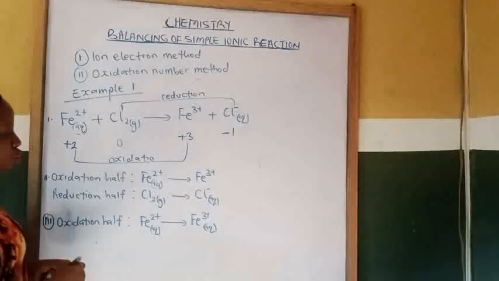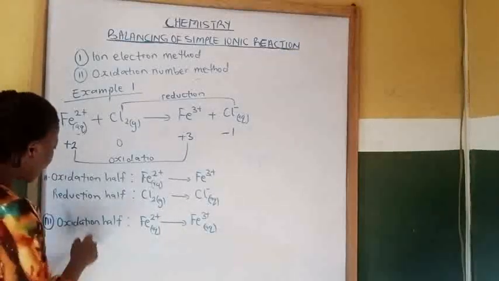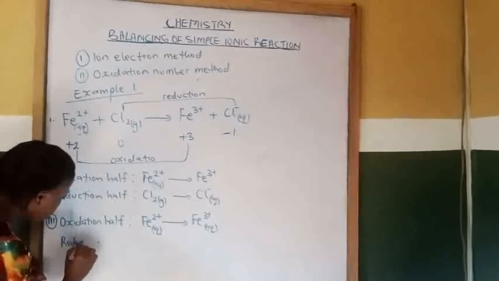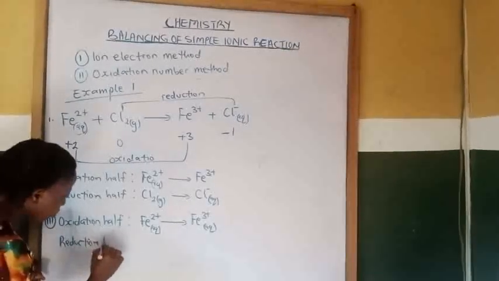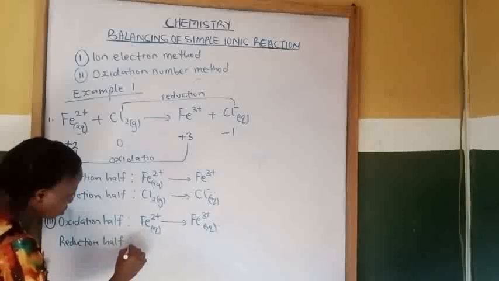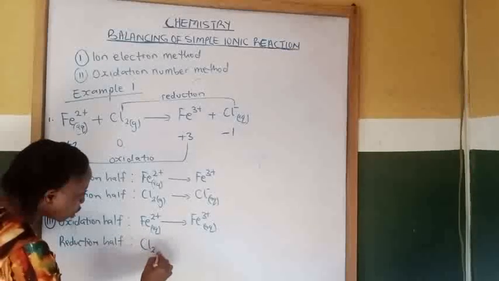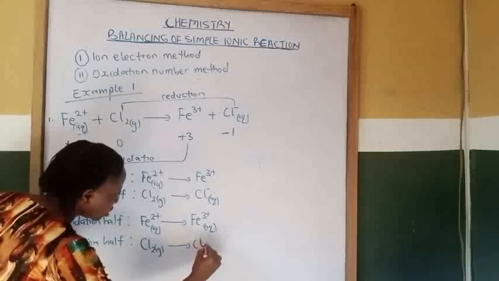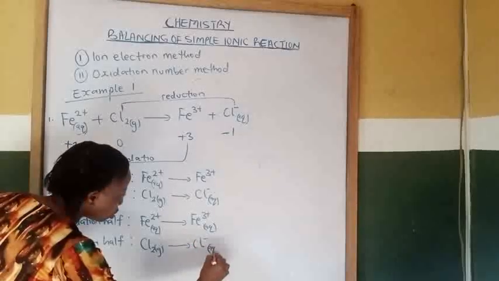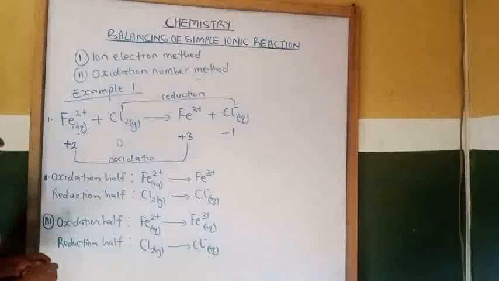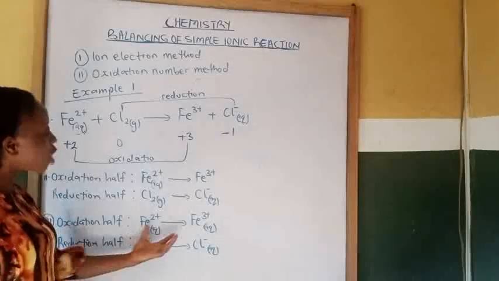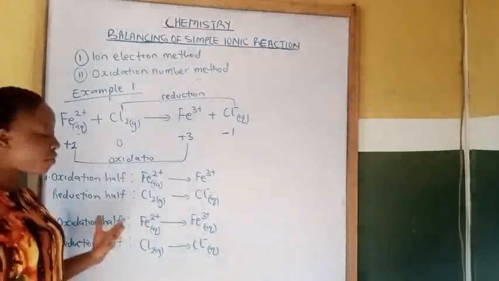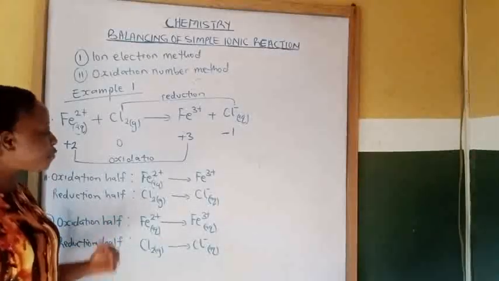Then for the reduction half, we have chlorine molecule to chlorine ion. So the next stage now, we want to balance the number of atoms in each half reaction.